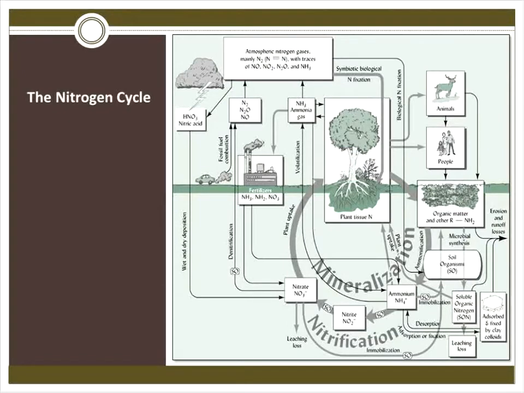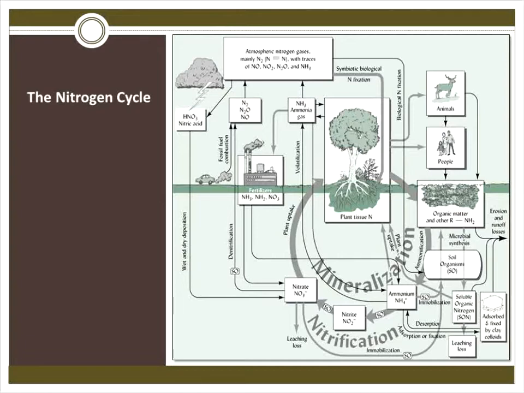The rest of this talk is going to focus around this slide that you see here, which represents the nitrogen cycle. One of the real problems with determining how much nitrogen crops need is that, unlike phosphorus, potassium, calcium, magnesium, and even the micronutrients, we don't really have a good soil test that can tell us how much the plant needs.